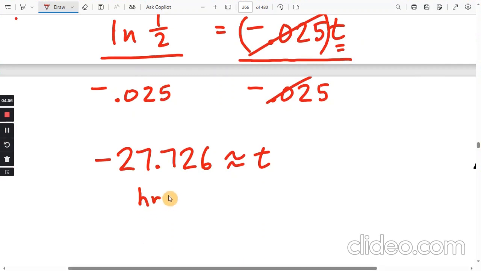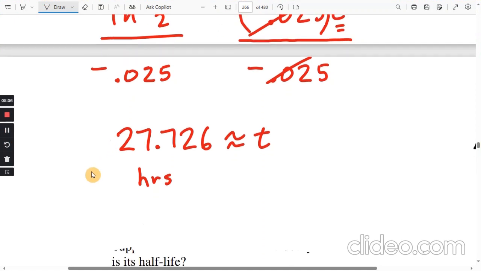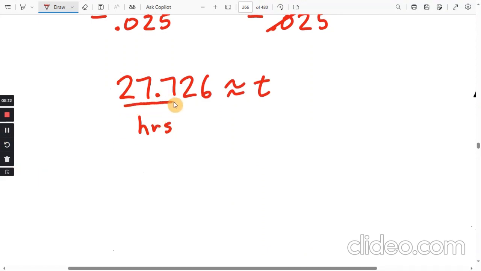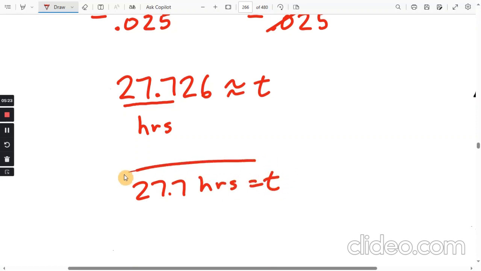And let me see something real quick. This was not negative. I don't know why I put that there. So that was in hours. And that's basically it. If you wanted to round off a little more, I would probably just say 27.7. But that is your half-life.